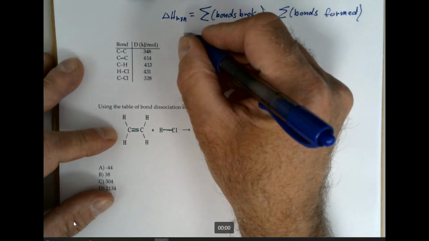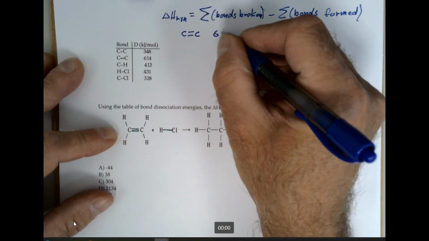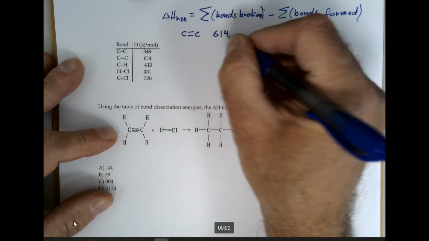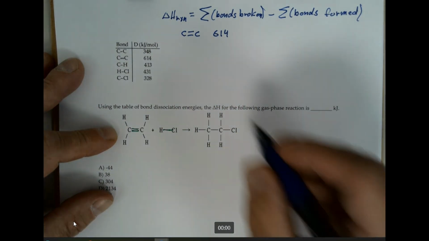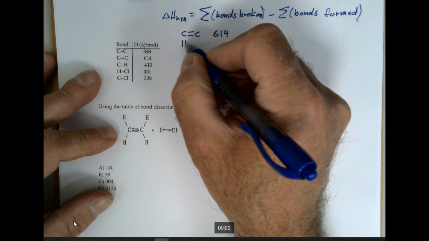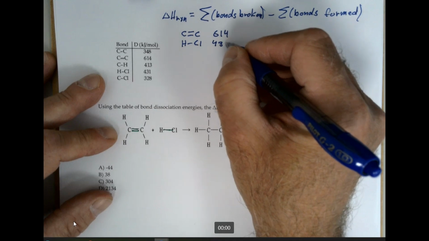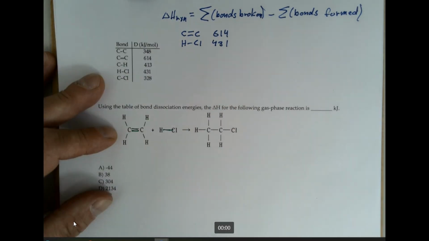So I might come up here and write, I break a carbon-carbon double bond, and I see that's worth 614 kilojoules per mole. I see that I'm breaking a hydrogen-chlorine bond. That is worth 431. And then I might come over here and say to myself, what gets formed?